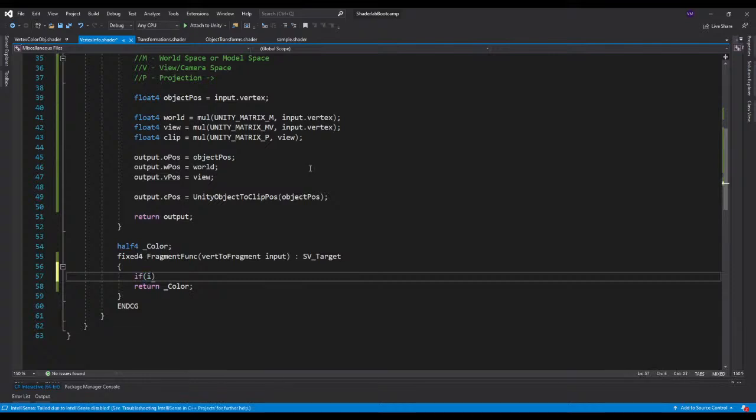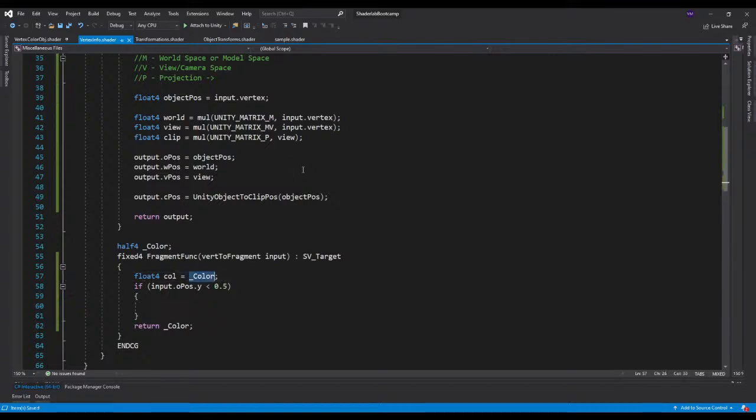So if input dot opos dot y is less than 0.5, I'm going to take this color, put it into this variable, and then change this alpha value to 0. Otherwise, if it is greater than or equal to 0.5, you return whatever the color is.